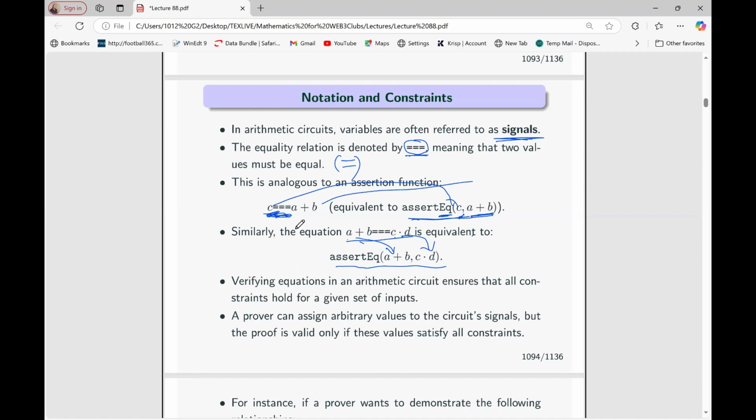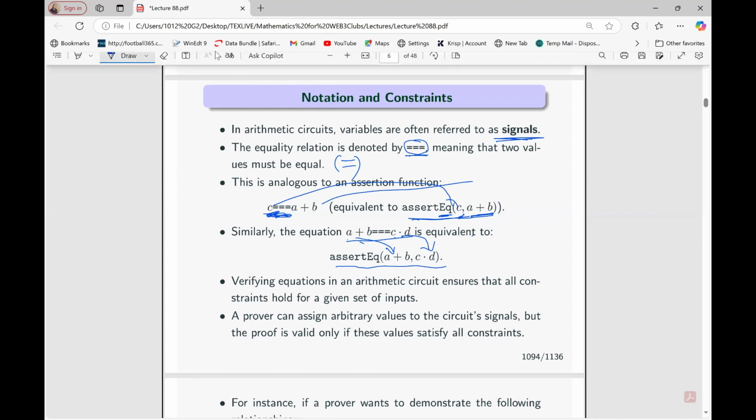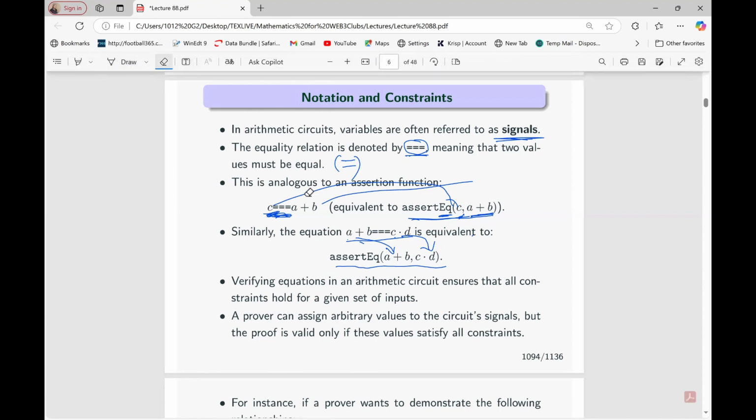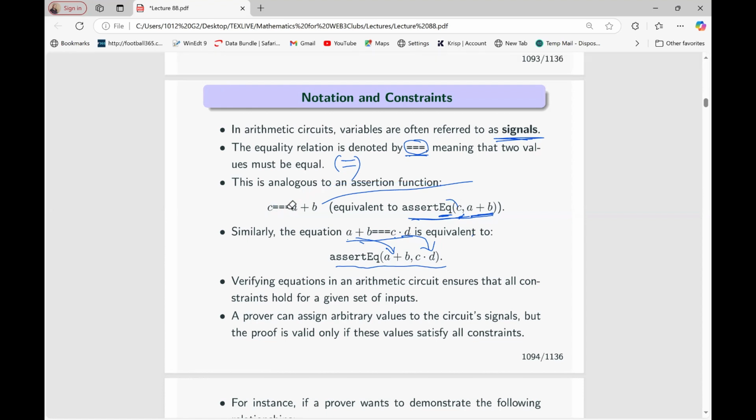So that is how you can write it, and these are just notations. So that when you begin writing the arithmetic circuits, we know what we are writing and the symbols we are using, even as we do it in Rust.